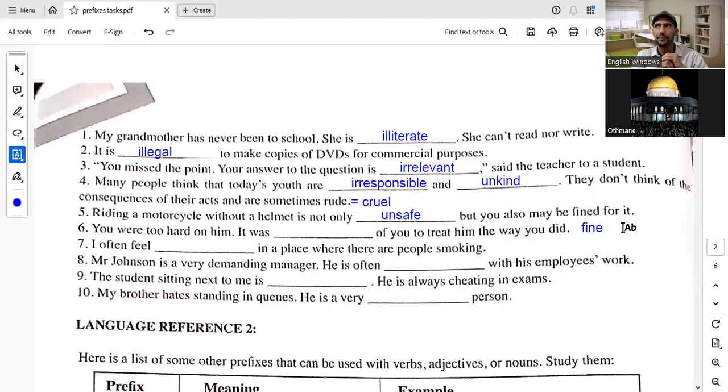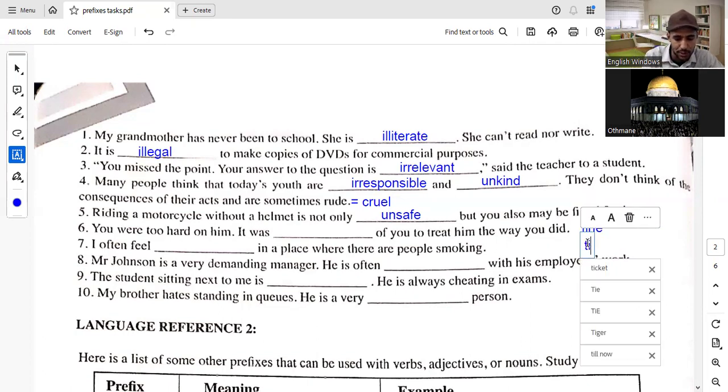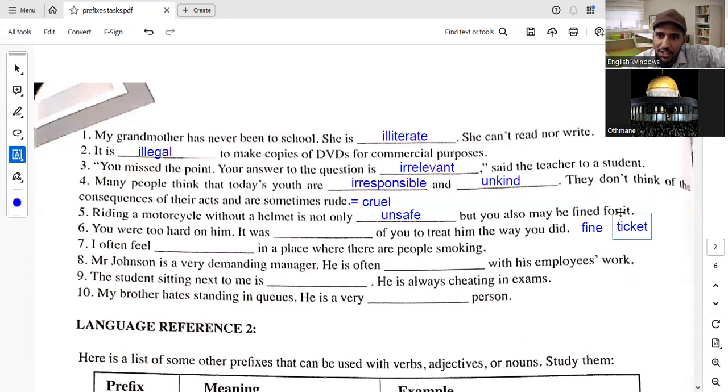You will have punishment. It means you will have to pay some money, or to pay tickets. ادفع غرامة. We say fine or also ticket. You will pay tickets. It means you will be fined. ستغرم يعني تدفع الغرامة. Yes, good.